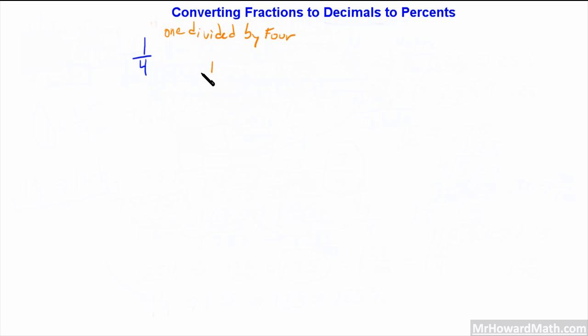And if we have a calculator, we can use that, but we're not going to do that right now. We're actually going to use division. You've probably done division by hand a million times in your life by now, so let's just do that. So 1 divided by 4, and this will give us our decimal form. Alright, so 4 goes into 1 0 times.